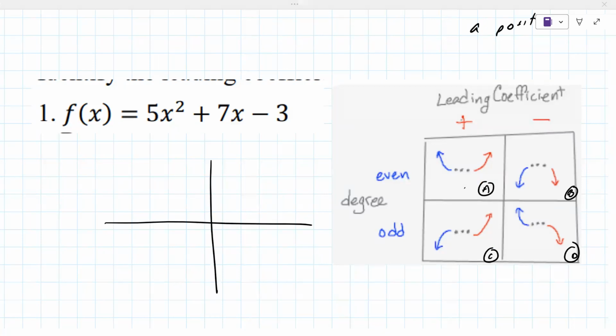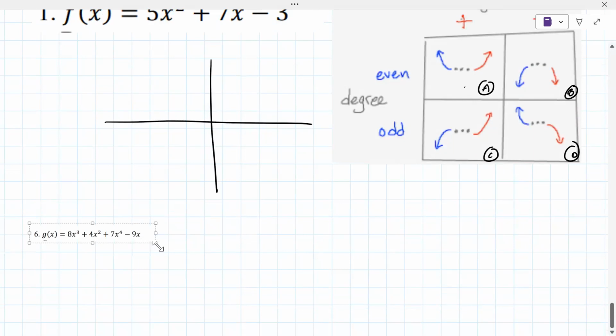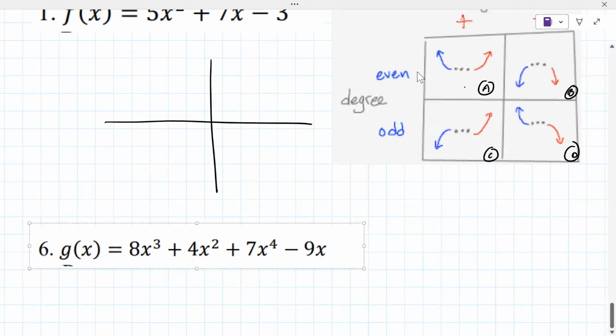Now let me put up a more difficult one in front of you here. What about this one here? Is it A, B, C, or D? C. How did you come up with C?